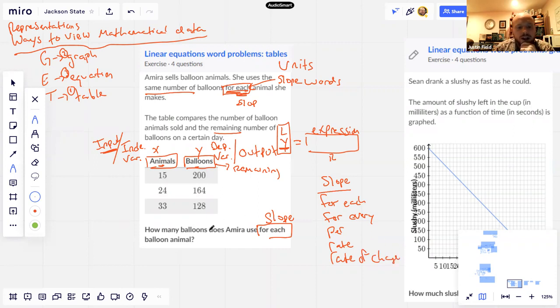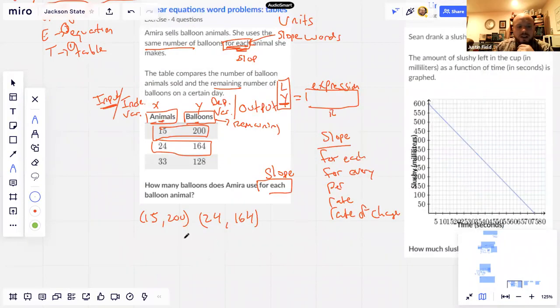All right, so how many balloons? So we're going to use our slope formula. We did slope from a table. So I'm going to pick two coordinates. Let's do (15, 200) and (24, 164). And show you my cool way of doing slope. Oh, actually, I used to do it this way, but now I just put them on top of each other.